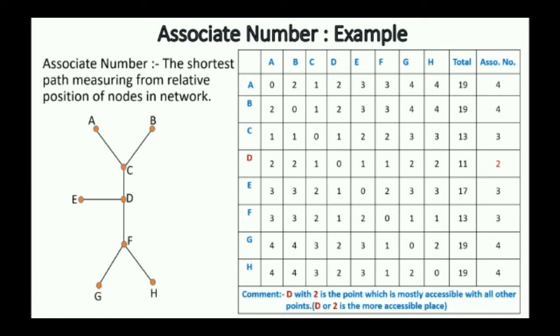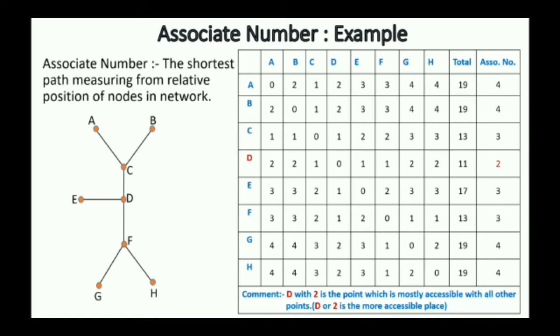In this way, we choose the largest values of all rows. The smallest value in the associate number column is 2. This is the nearest path. In this way, the associate number is calculated and we choose the nearest path.